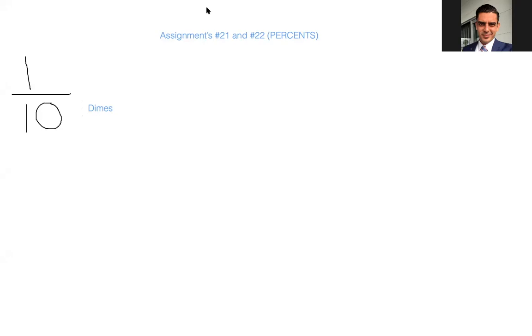When you have something like 1 over 4, you can think about that as a quarter. And when you have something like 1 over 100, whenever you have 100, you can think about it as pennies. This helps because then you know exactly how much of a percent it is.